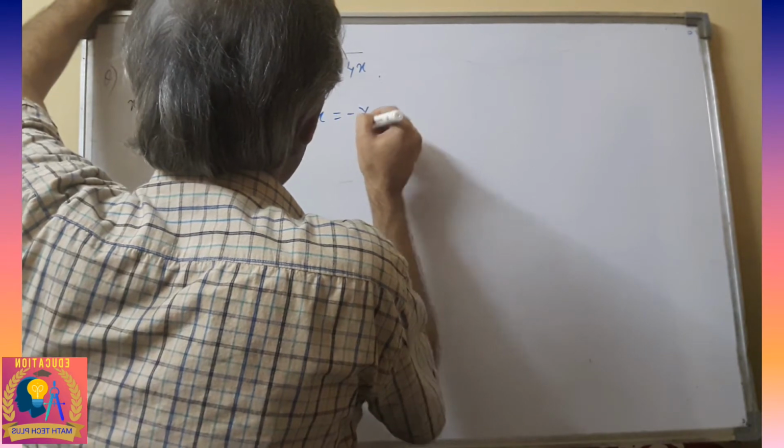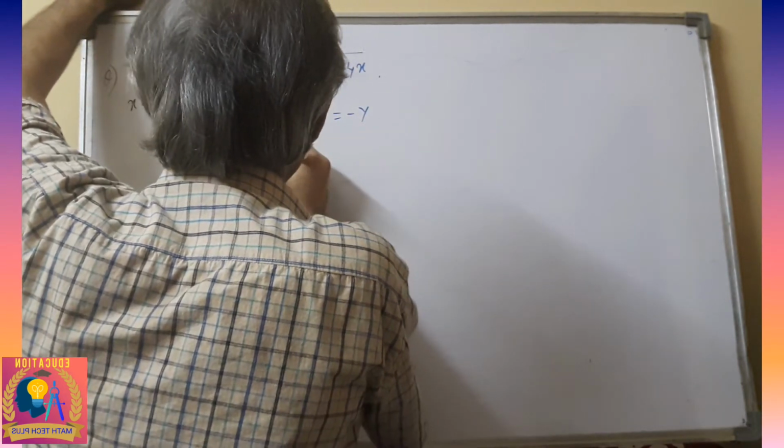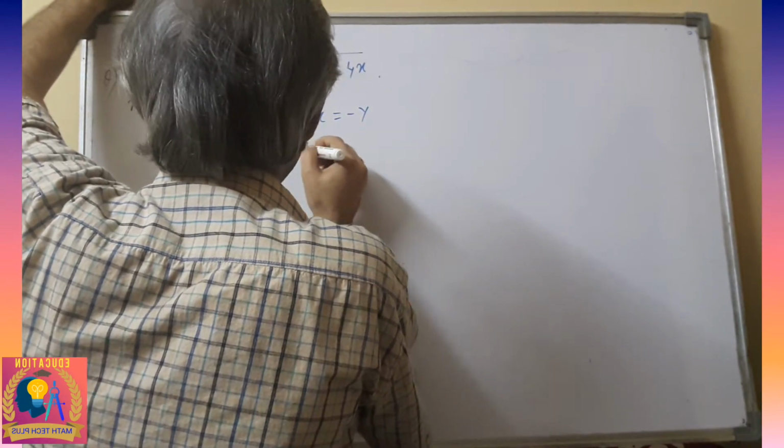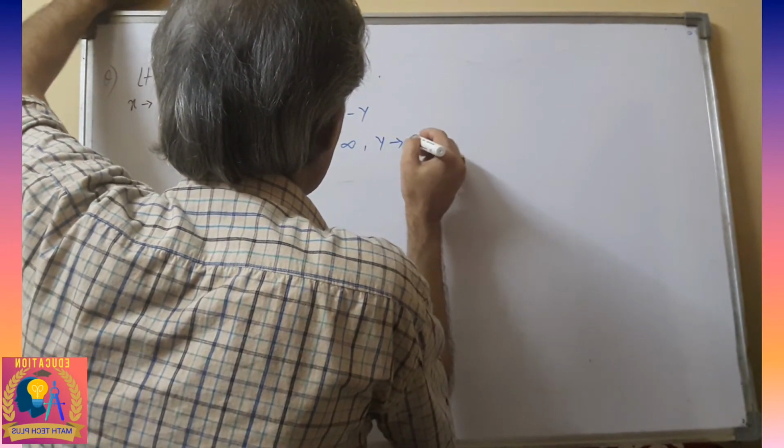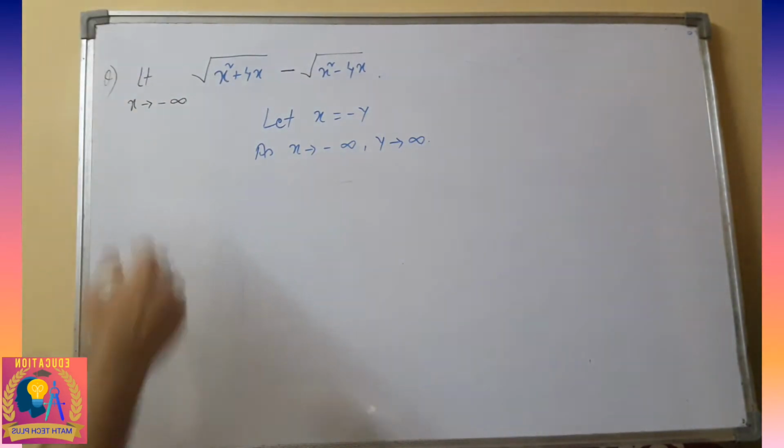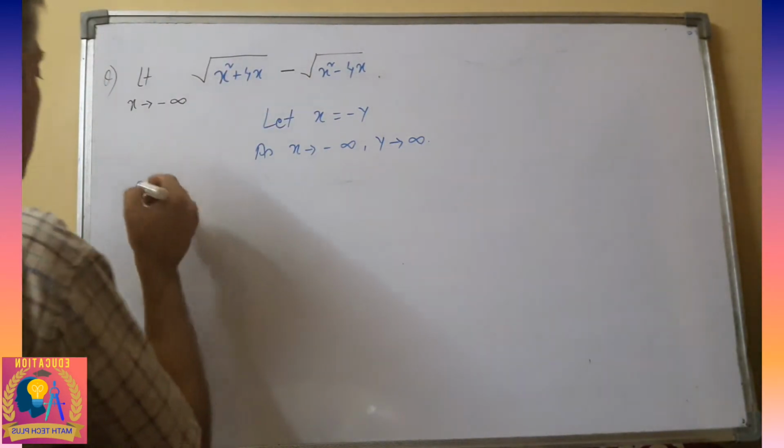x equals to minus y. It means as x approaches to minus infinity, y will approach to infinity. Now we will change x in terms of y.